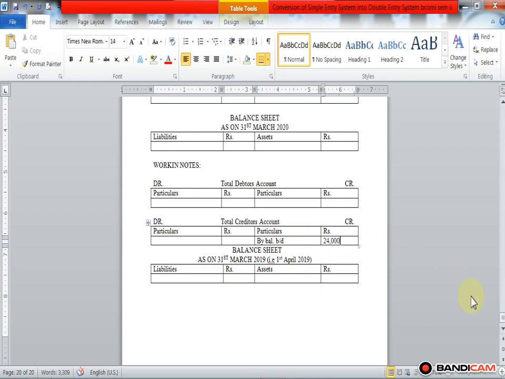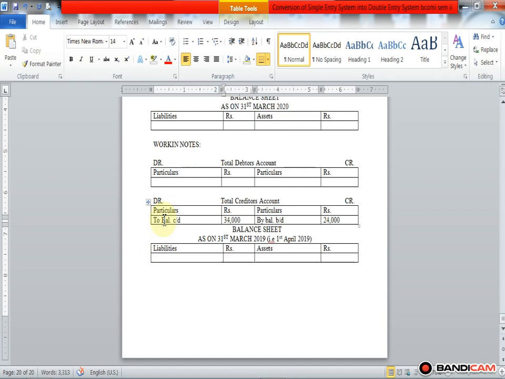Then closing balance is also given to you, that is closing balance is transferred to debit side of creditors account, balance to balance carried down, amounted to rupees 34,000 here.